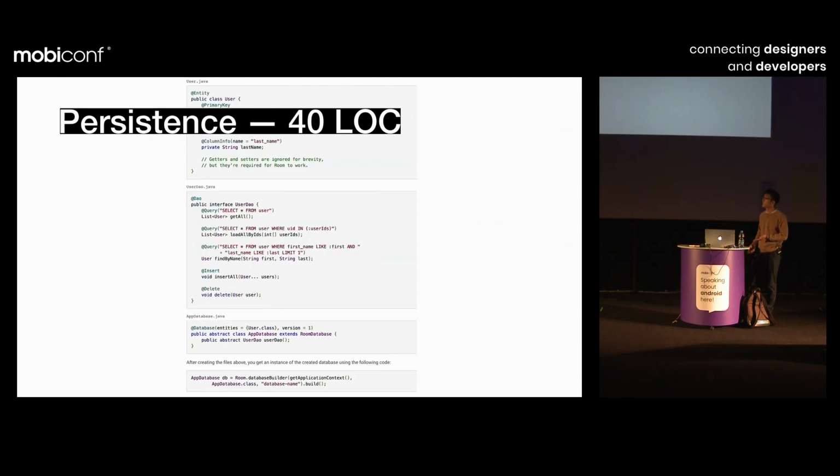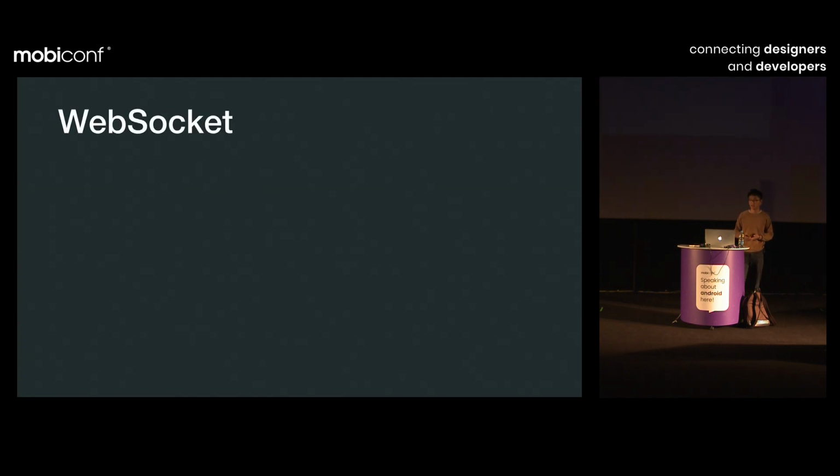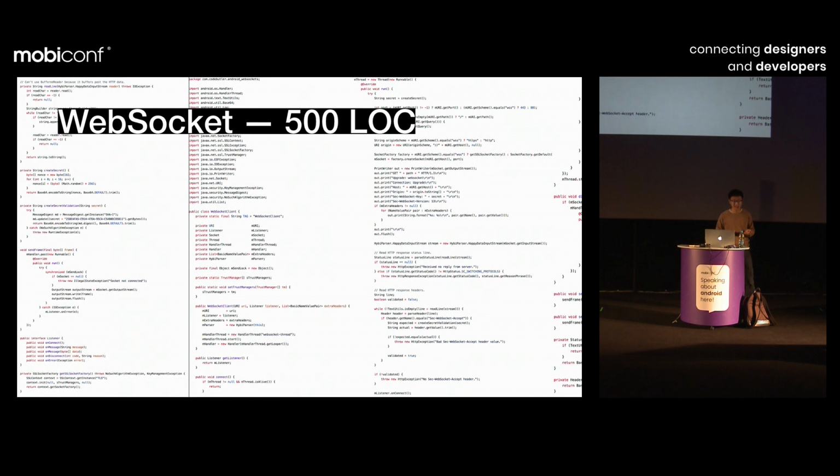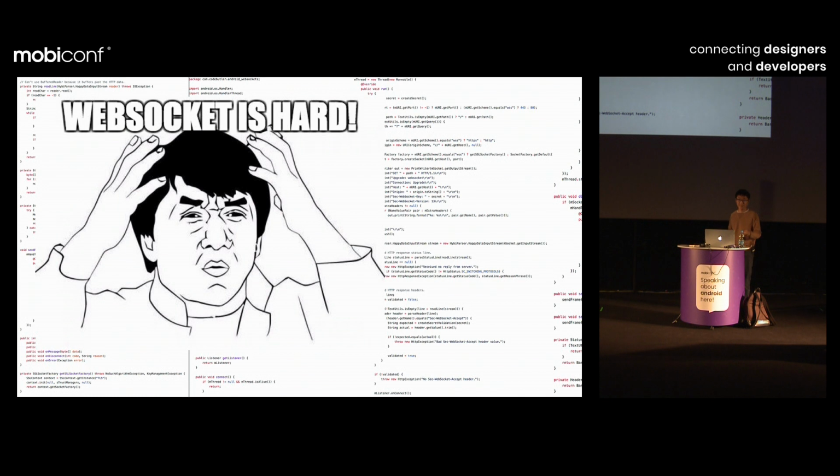With Room, it only takes 40 lines of code to set up a SQLite database. What do you guys think about WebSocket? WebSocket should also be easy, right? But it's not. It takes over 500 lines of code to set up, because the existing libraries are low-level and verbose. So WebSocket is not easy to set up.